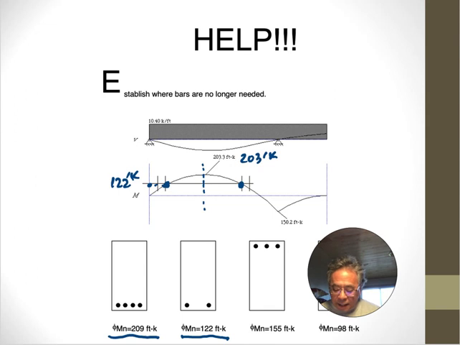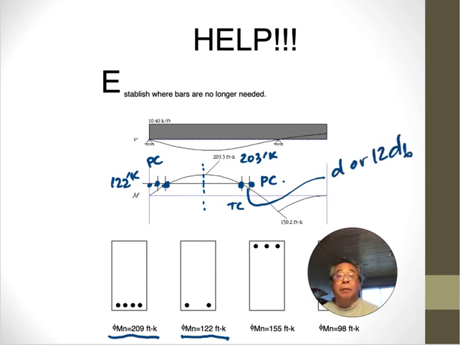That's theoretically where you want to cut them, but what you have to do is go an extra, and we call that proposed cutoff, because you still have to check the development, right? So we're going to propose cutting it off an extra D or 12 bar diameters extra to be safe. Now, the question is, let me erase that real quickly.